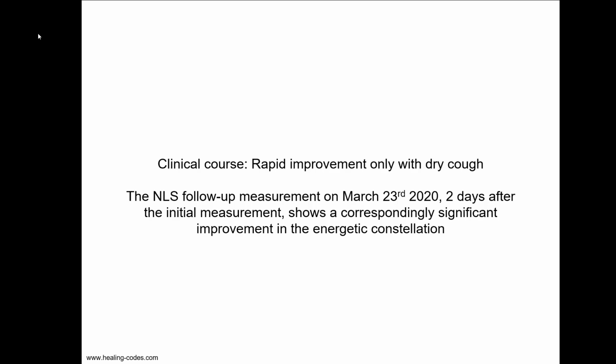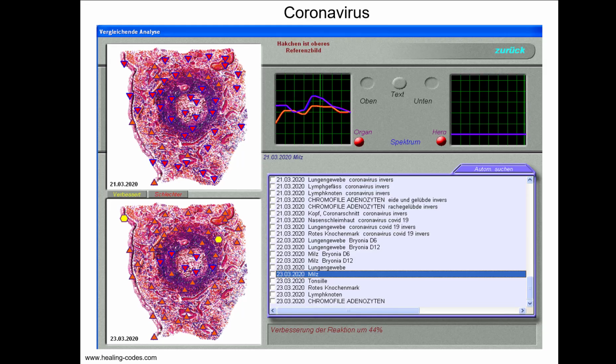The patient himself describes that he also feels clinically better in accordance with this finding. The cough has almost completely subsided and the tiredness was no longer as pronounced. In the control analysis, the spleen showed an improvement of 44% in the energetic findings.